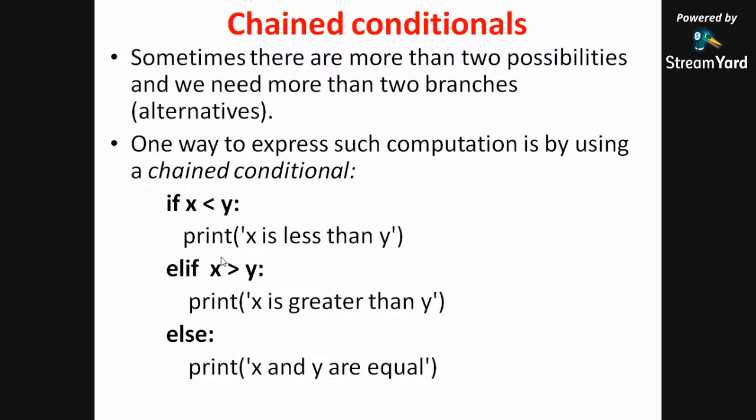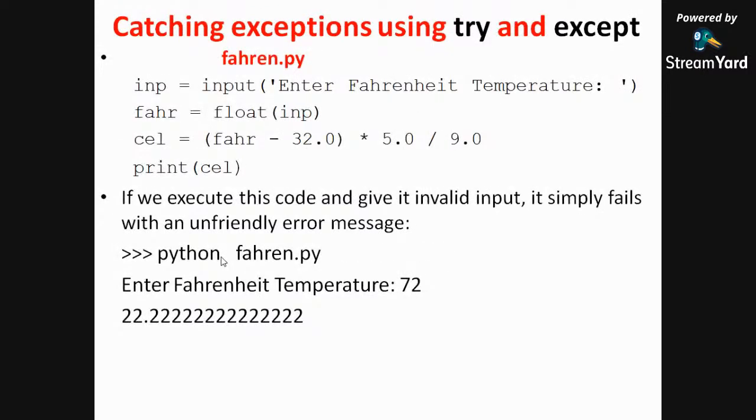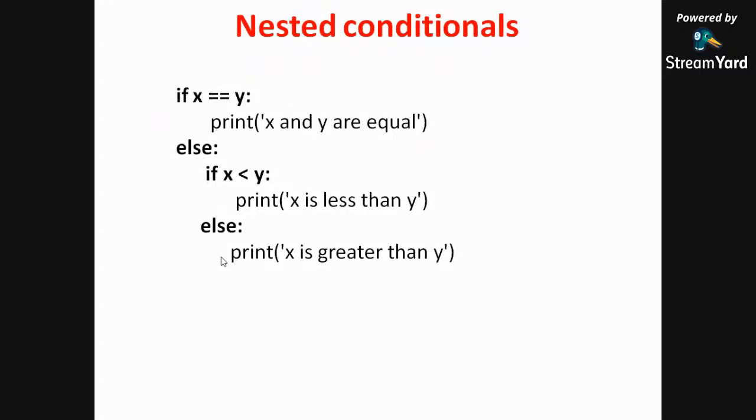If we want to test a series of conditions, then we use these chained conditional statements. Today we'll write one or two programs using these conditional statements so that you'll get some good hands-on practice on these conditional statements. So please all of you open your Python IDE.